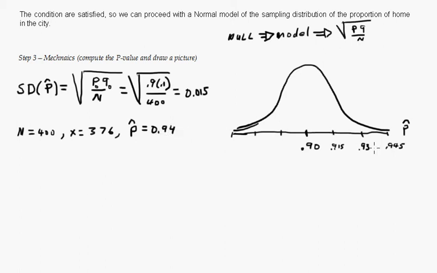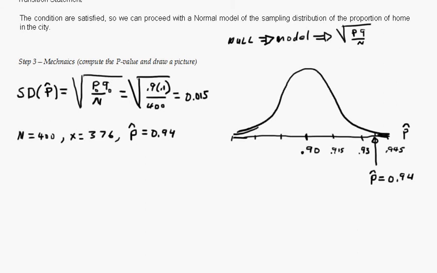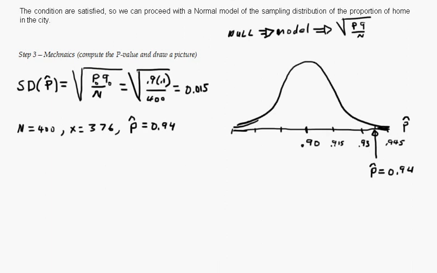So we can kind of go over and see that 0.94 is going to be right about there. Okay? So we want to use the model, what's the probability of getting this value, this p hat, given H0 is true. The null hypothesis is true.